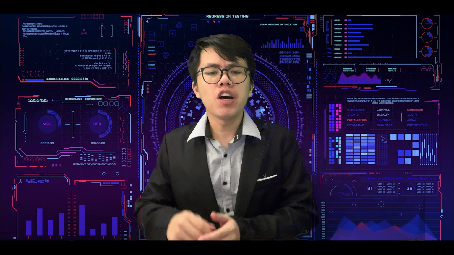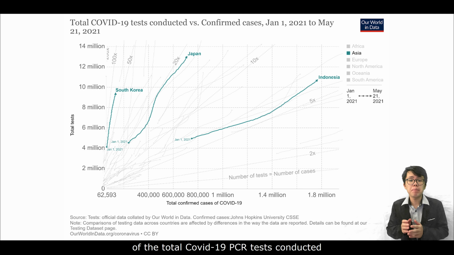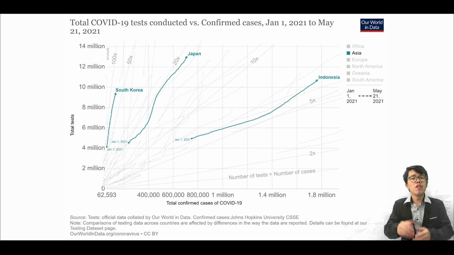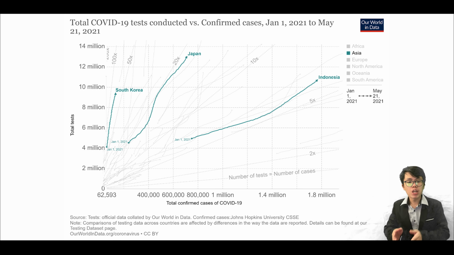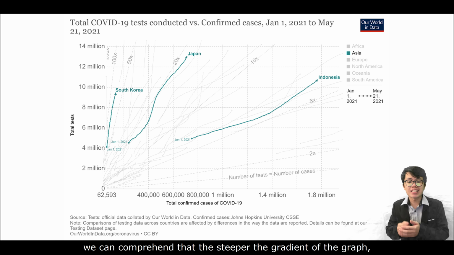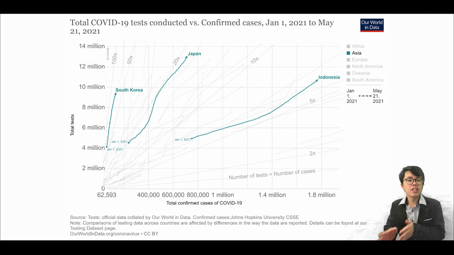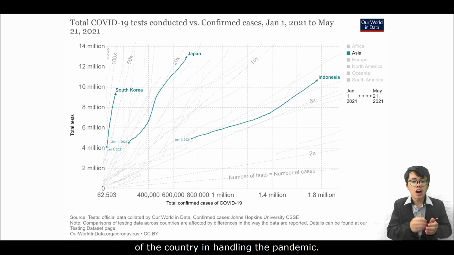According to the graph of the total COVID-19 PCR tests conducted versus the confirmed cases for our observational period, we can comprehend that the steeper the gradient of the graph, the better the capability of the country in handling the pandemic.